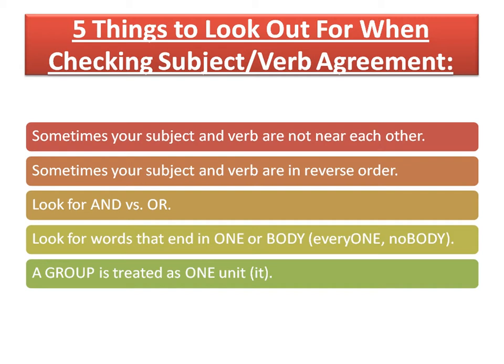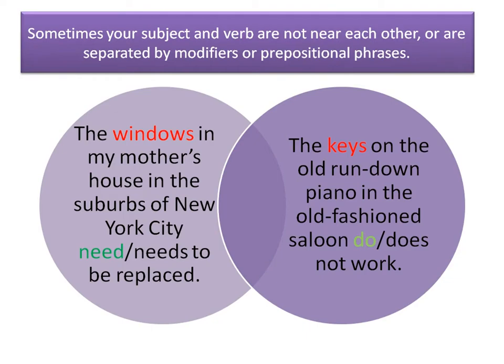That's why it's especially important to pick your verb first in case you need to look elsewhere in the sentence to find your subject at all. It's important to look for and versus or. It's important to look for words that end in one or body, like everyone or nobody. And it's important to remember that a group is treated as one unit. Let's take a look at these one thing at a time.